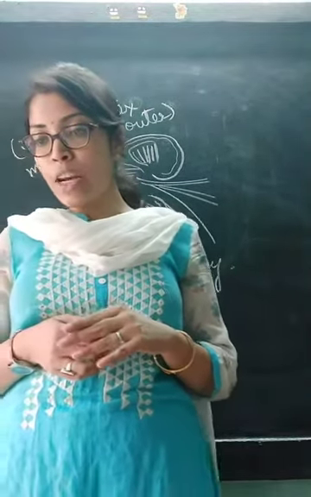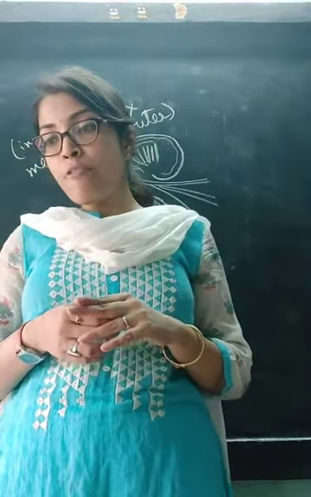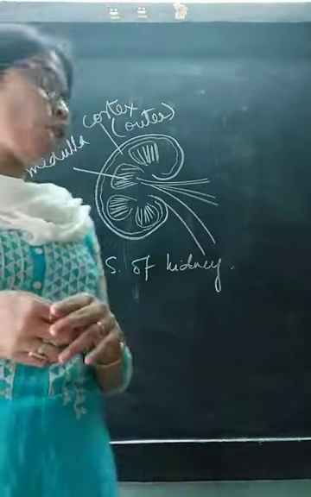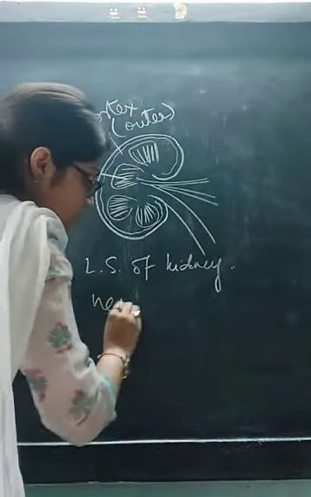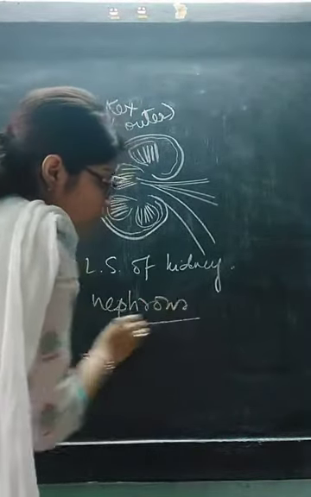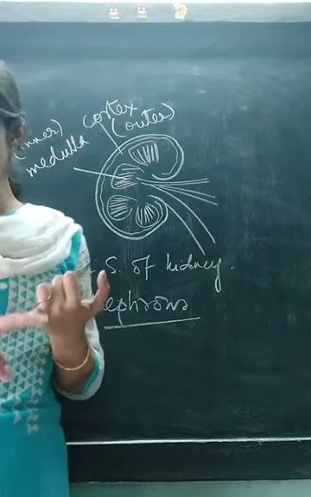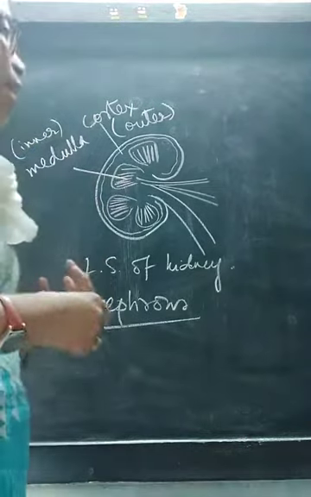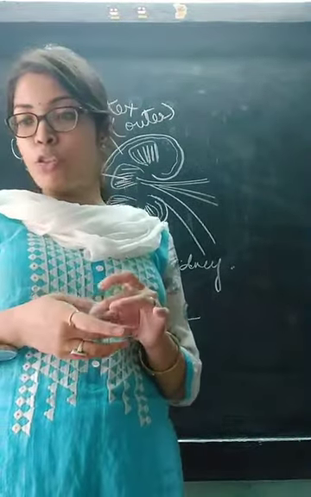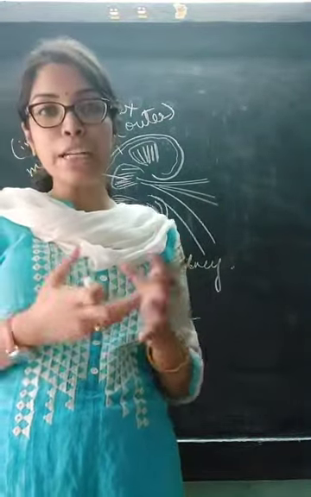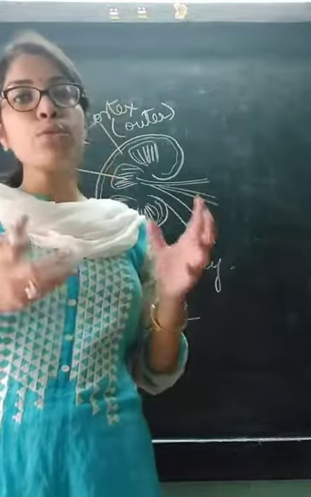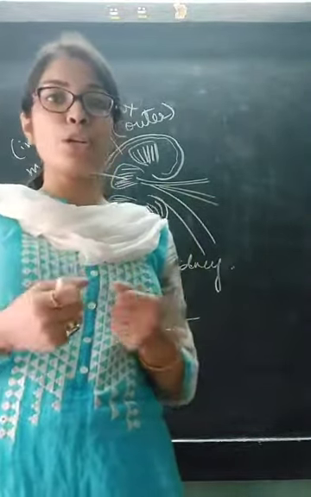Inside each kidney there are millions of microscopic filtering tubes or units called nephrons. Now what are nephrons? Nephrons are the structural and functional unit of kidney. So inside each kidney there are about 1 million nephrons, which are the filtering tubes which actually filter the blood and produce the urine.